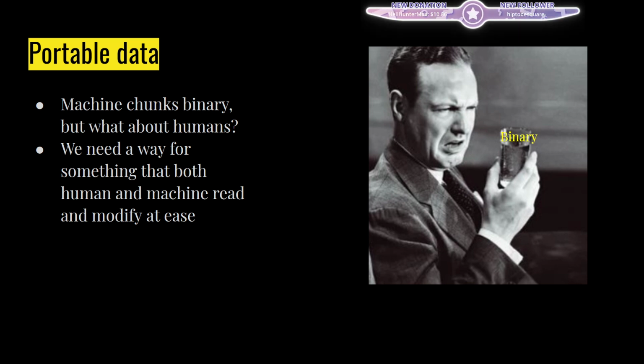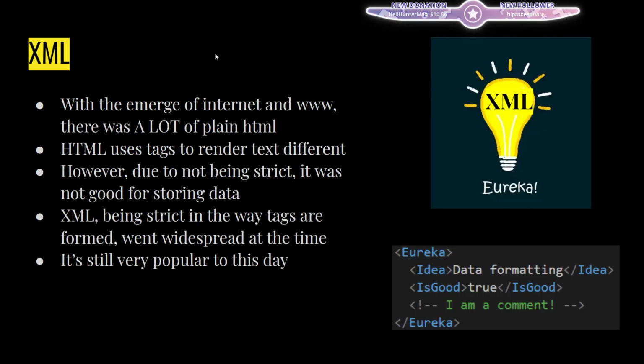We can, let's say, write data, write text outside the tags. So it's almost data, but not really. So we need something specifically suited just for that, for having data in tags. And the answer at the time was XML.